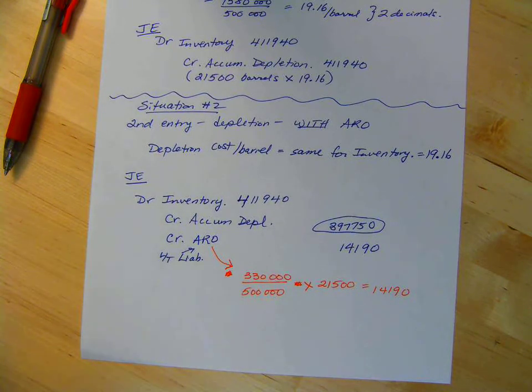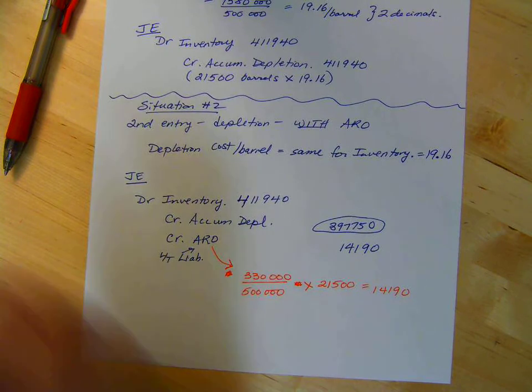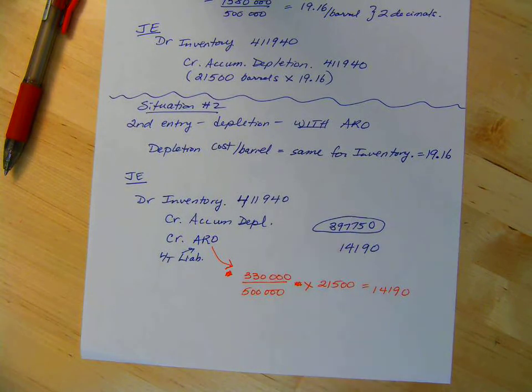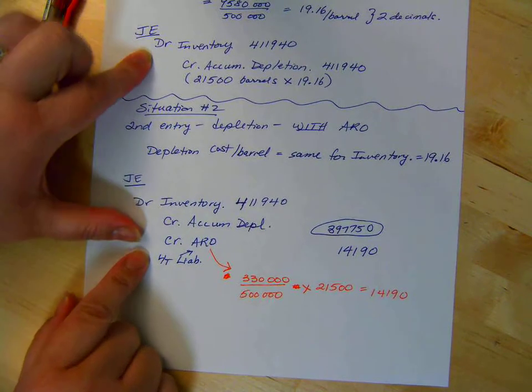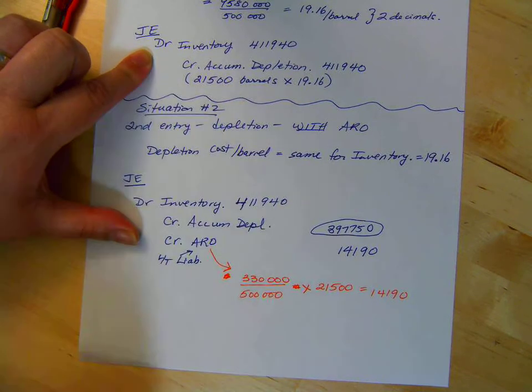Again, you guys, once you get into 316, you'll be doing this again, but you'll actually be estimating the asset retirement obligation, the present value of it, and the wording will be a little more clear. 316 is a little more clear because usually it's not just ARO or depletion. Usually it's both. Okay. So here's the 2 different entries, one with ARO, one without.